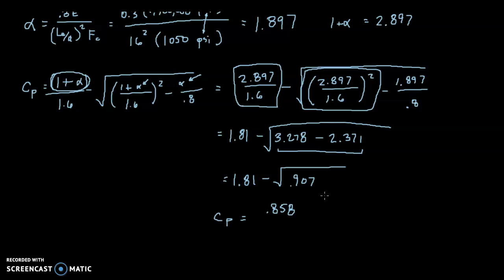So solving this equation piecewise isn't strictly required, but it is my recommendation, especially if you find that you're having trouble. You get the equation set up right, but then you punch it in your calculator and something just doesn't come out right. Just break it down into smaller chunks. That's fine.